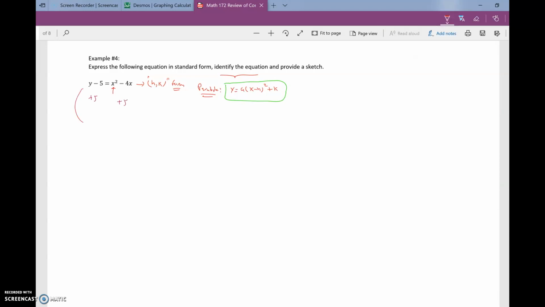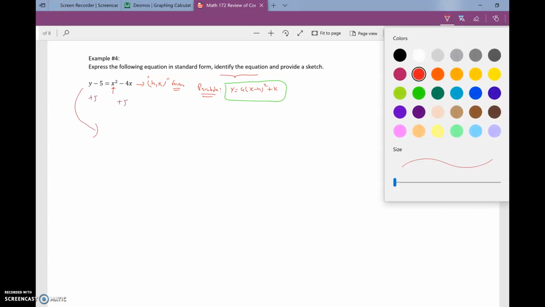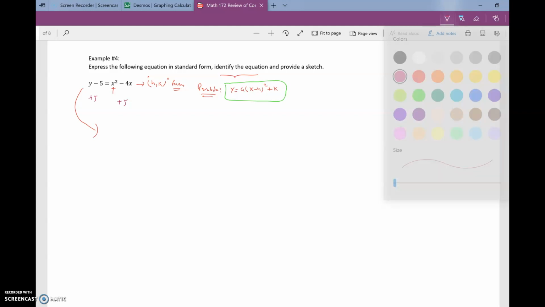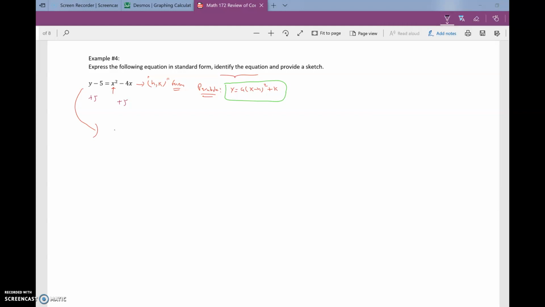So this particular equation now looks like, and let me use the same color, y is equal to x squared minus 4x plus the 5. Now the next step in expressing that in h comma k form is to obtain this form, which is going to be the completion of the square.